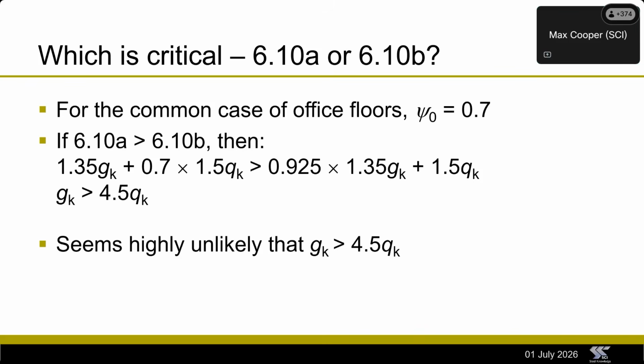Now, if we look at a comparison between 6.10a and 6.10b, and we'll just look at the common case of an office floor where our combination value of psi naught is equal to 0.7.